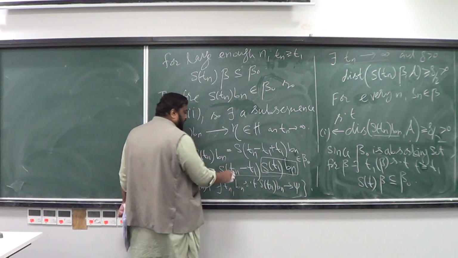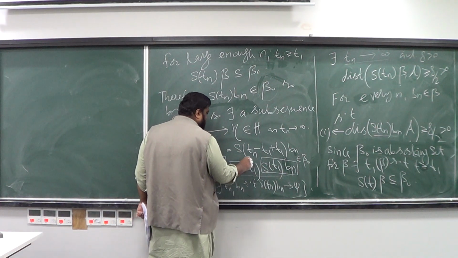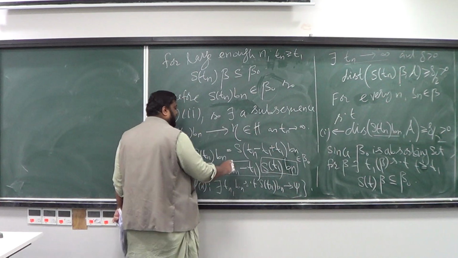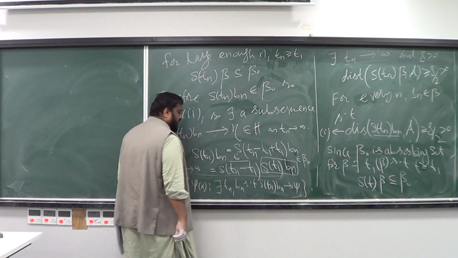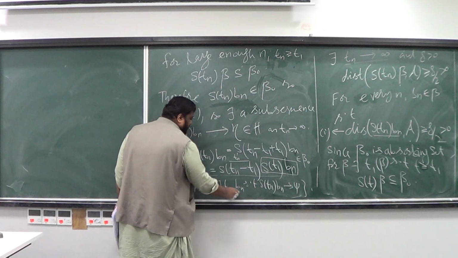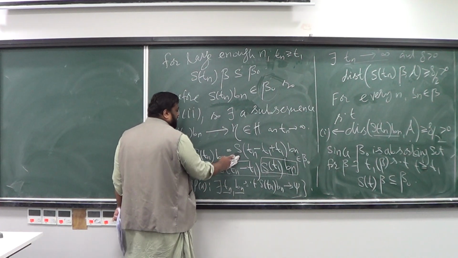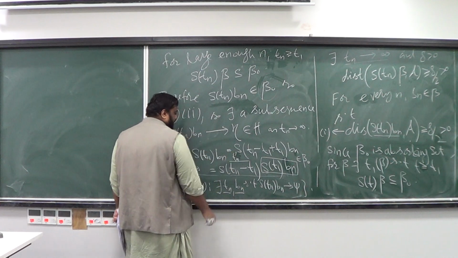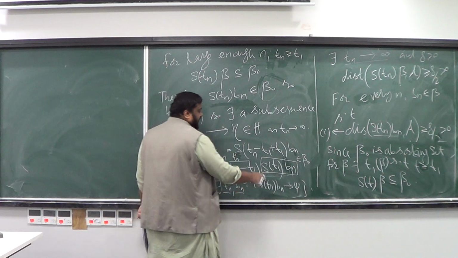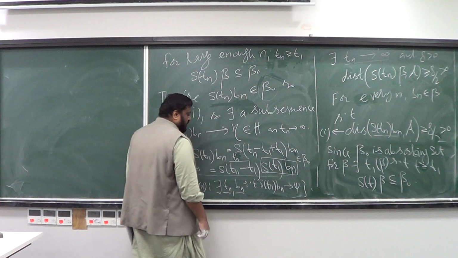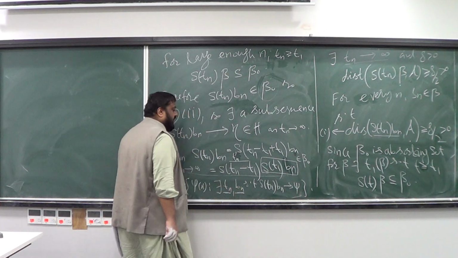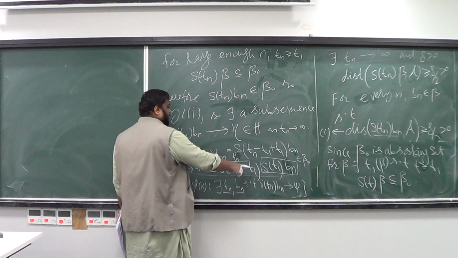And if I call this sequence Tn minus T1, say, Tn prime, then you have what you want. Tn prime plays the role of Tn, and S of T1 operated onto Bn plays the role of Bn. So what is this statement showing?